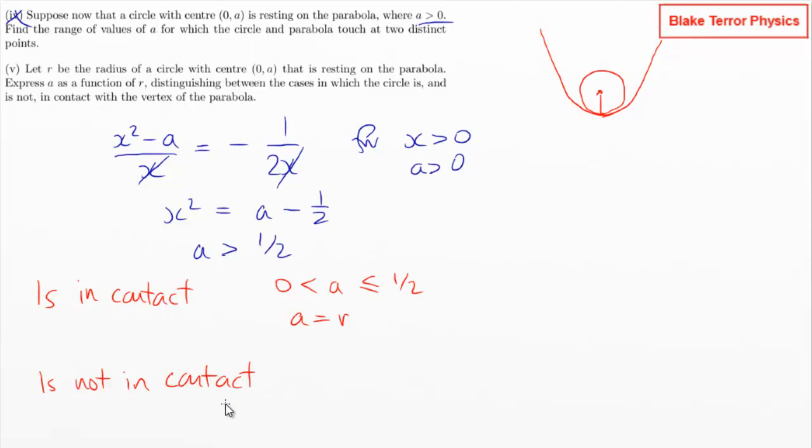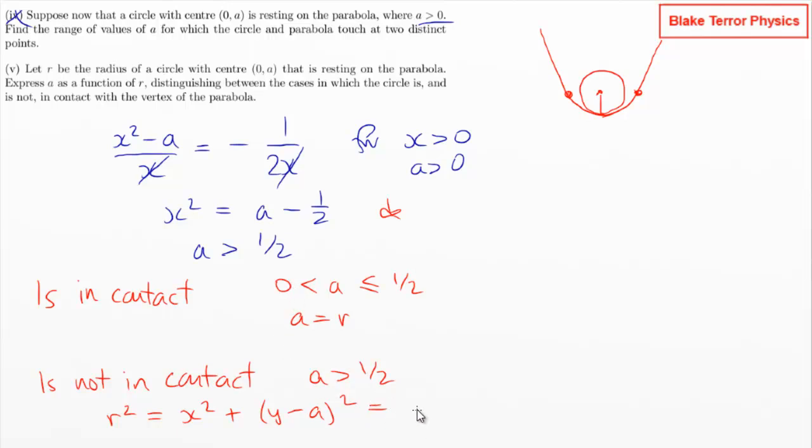If we are not in contact with the vertex, so we've now got 2 points. So if we've got 2 points, then this is our a is greater than a half. So our r squared, radius squared, is going to be equal to x squared plus y minus a squared. So we know that. We also know that x squared is this, so we've got that, and we know that y is x squared because this has got to lie on the parabola.